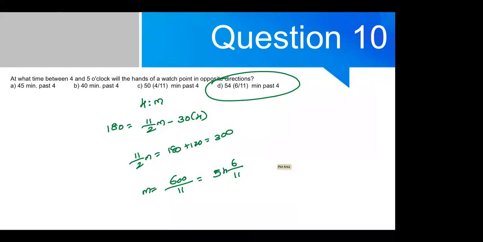Clocks is one of the easiest topic other than the two concepts what we are going to see. Everything is very easy, direct questions.